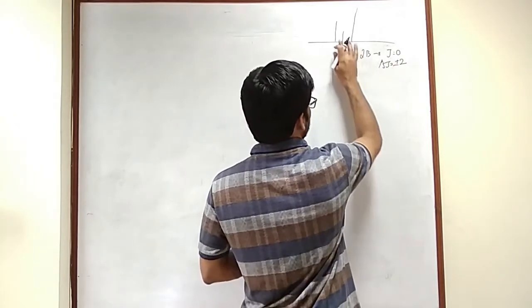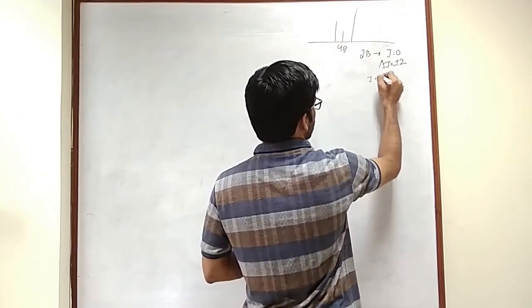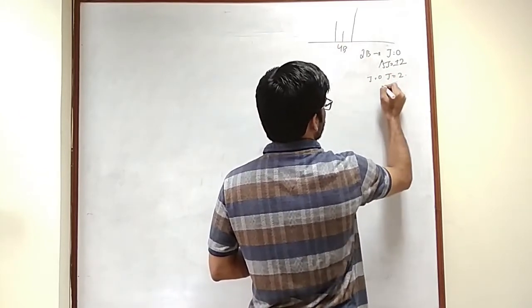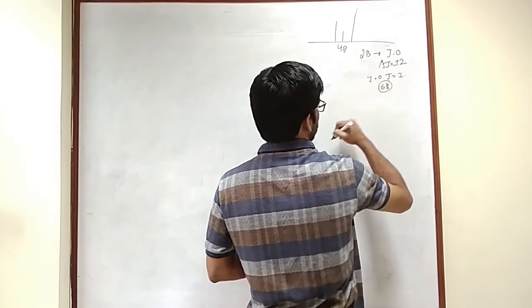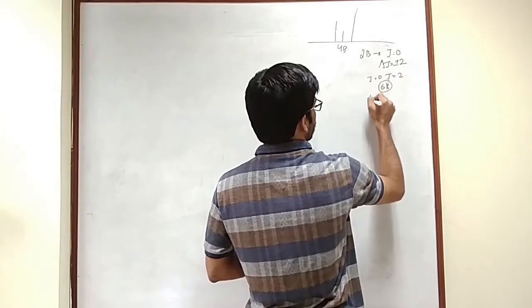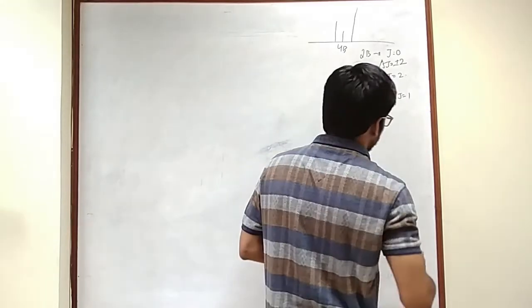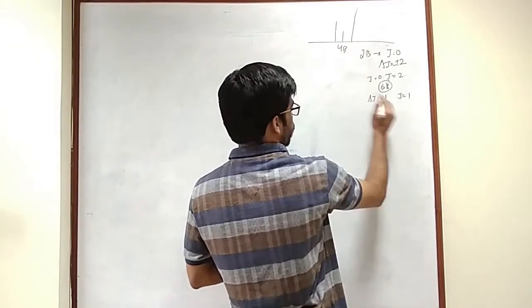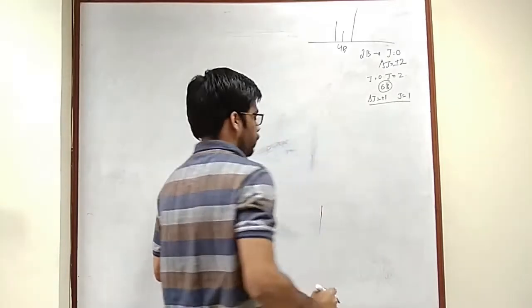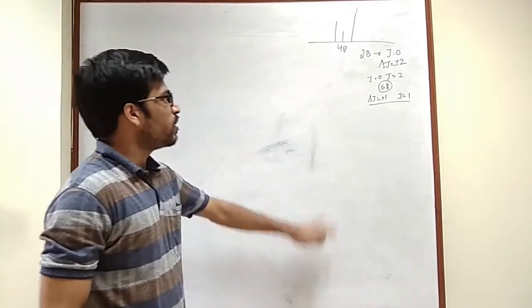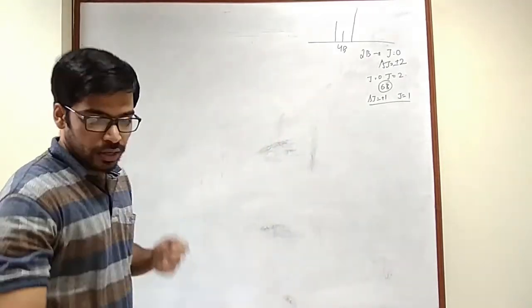Rather, the peak for J equals 0 to J equals 2 is going to be at 6B. The first peak is going to be for delta J equals plus 1 for J equals 1. That means this will be the case for the J equals 1 transition. So that was a mistake I wanted to correct.